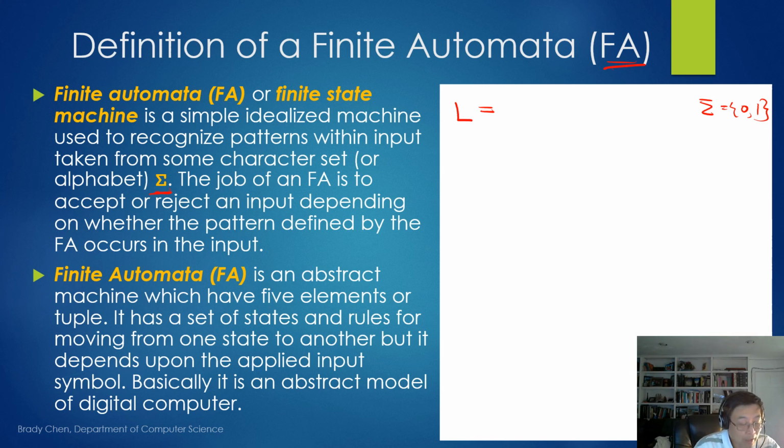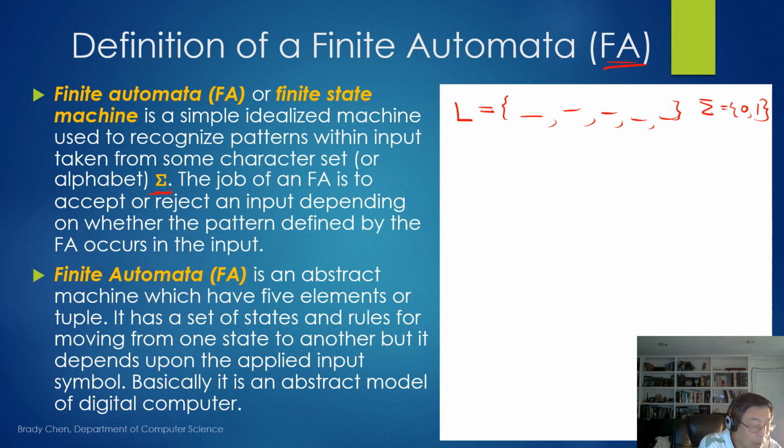Or the language can be defined as all the strings which contain 0 at the end, right? That's another example we just talked about. So a language is a certain set of strings, which could be infinite or could be finite.